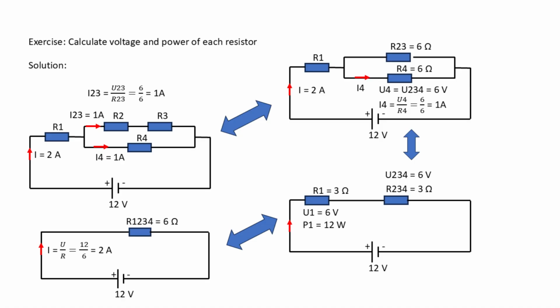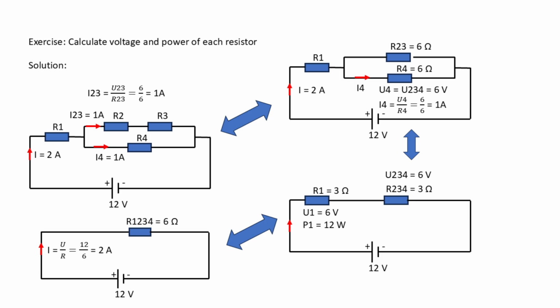Since R2 and R3 are connected in series, the same current flows through both components. That means IR2 equals IR3 equals I23 equals 1 ampere. This completes the current distribution in the parallel network and confirms that the total current entering the node is split evenly between the 2 equal resistance branches.